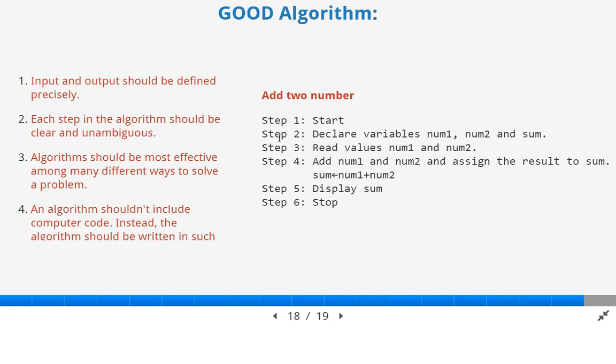So the algorithm also should be the most effective among many different ways to solve a problem. To solve a single problem, maybe we have several strategies or several options.